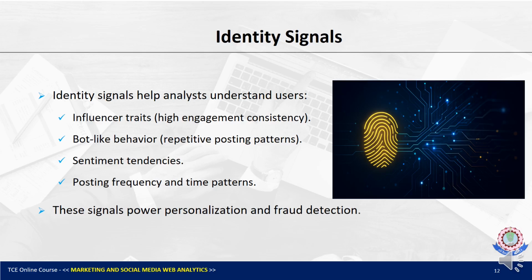Platforms evaluate identity signals such as posting frequency, sentiment trends, engagement consistency, and repetitive or bot-like patterns. Analysts use these signals for detecting influencers, bots, spam, or emerging trends.